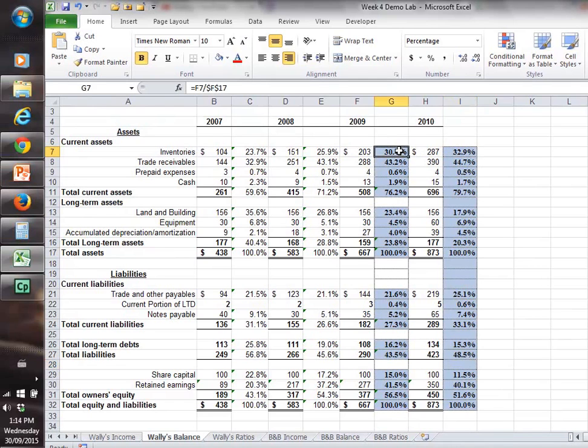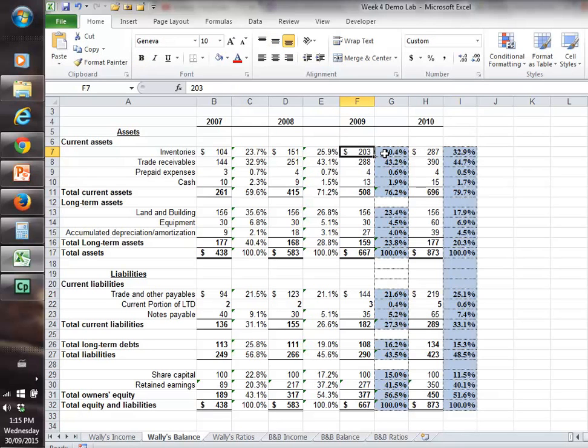My inventories went up a bit. So that could be from one or two reasons, or a combination of both. The inventories I actually have are worth more money compared to the year before, or I'm actually carrying more to do the business. Especially when it's jumped up from here to here, it concerns me for a couple of reasons.